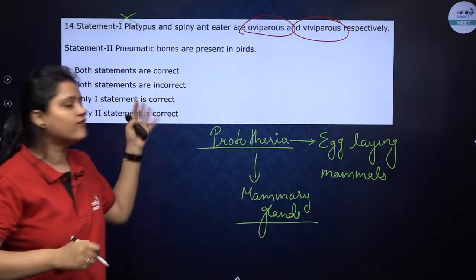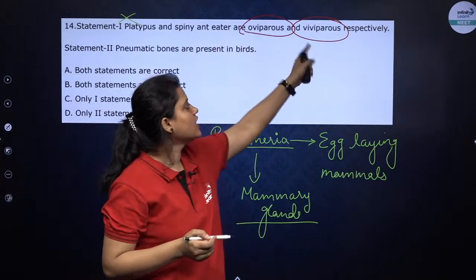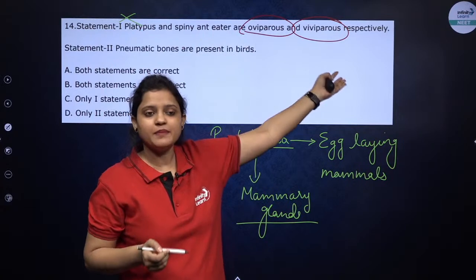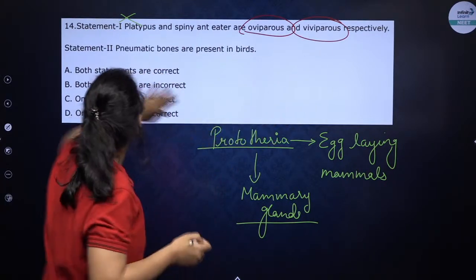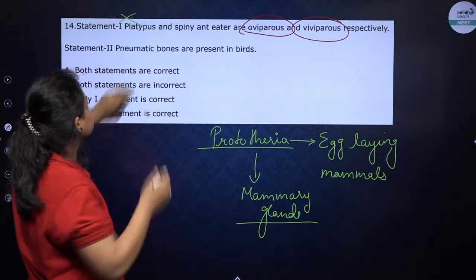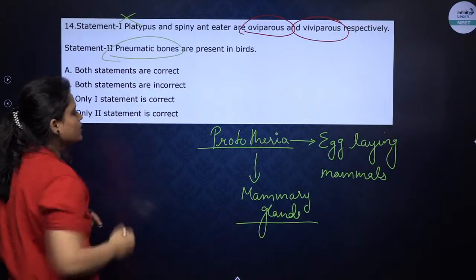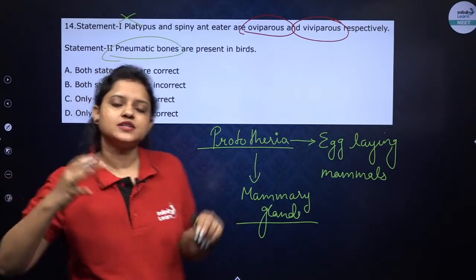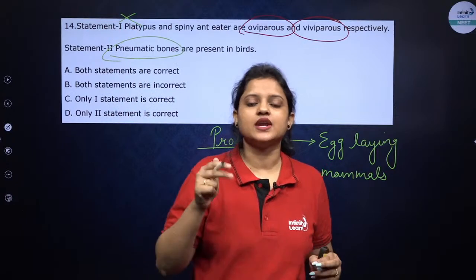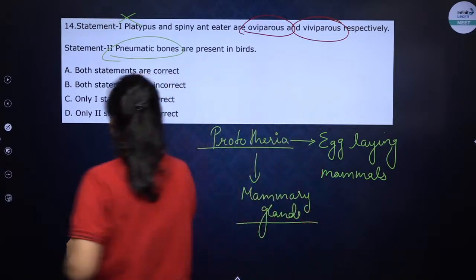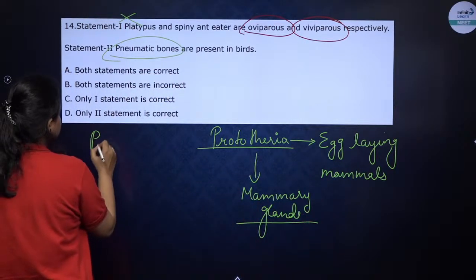We know why, because it is written that echidna or the spiny anteater is viviparous. This is wrong, right? Statement 2. Pneumatic bones are present in birds. What are pneumatic bones? Pneumatic bones are the bones that have air spaces or air cavities inside.